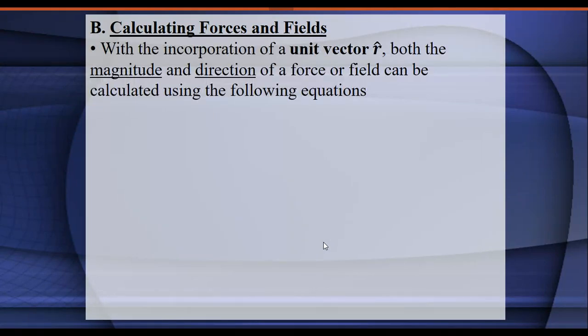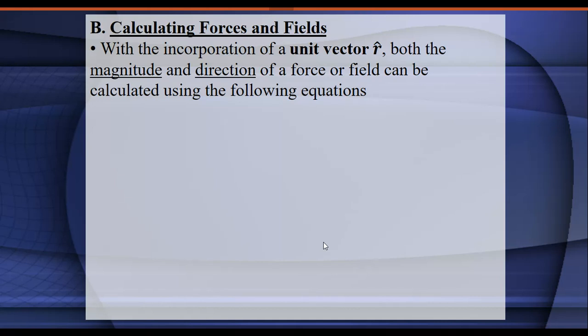Okay, now we're going to look at our equations for electric and gravitational forces and fields, but we're going to look at them from the perspective of three-dimensional equations. So with the three-dimensional equation, we're going to start to implement the use of the unit vector, which we talked about before. Okay, so with the incorporation of a unit vector, and again, a unit vector is the vector that has that hat on top of it, both the magnitude and direction of a force or field can be calculated using the following equations.